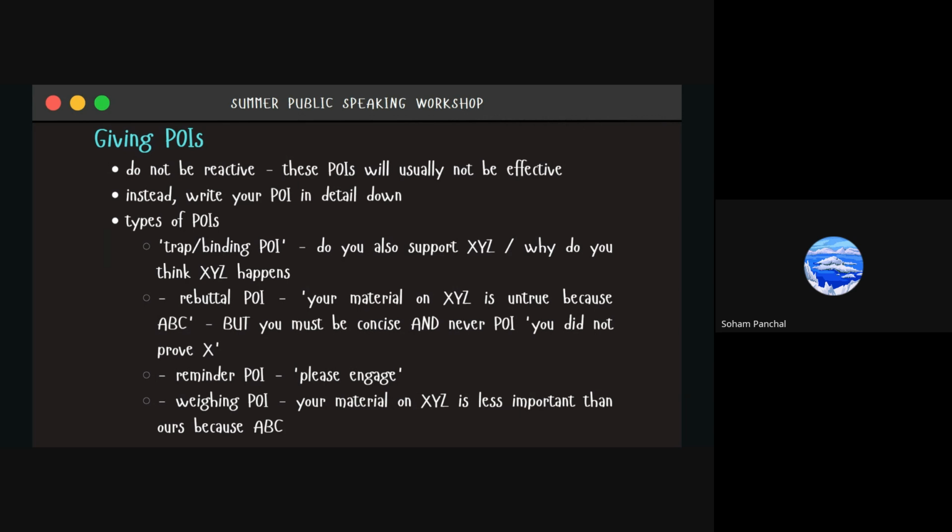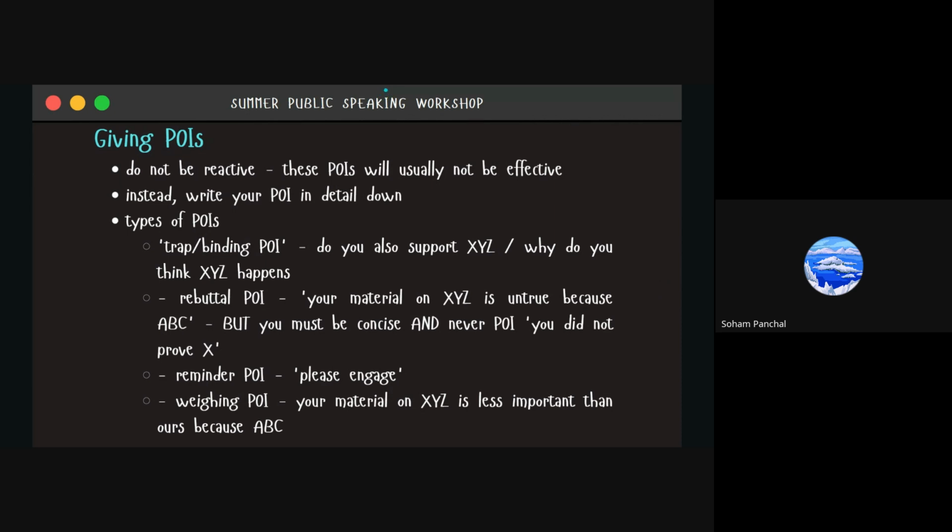These are very rare, because these are just statements given by the speakers. Weighing is done in speeches rather than in POIs, but you could say that the argument you're trying to put weighs less, or is less significant or less likely to happen, compared to this other argument which we are trying to put. So these are the specific kinds of POIs you could put.